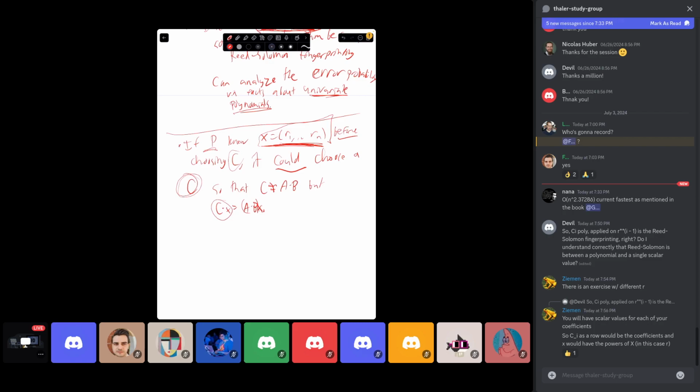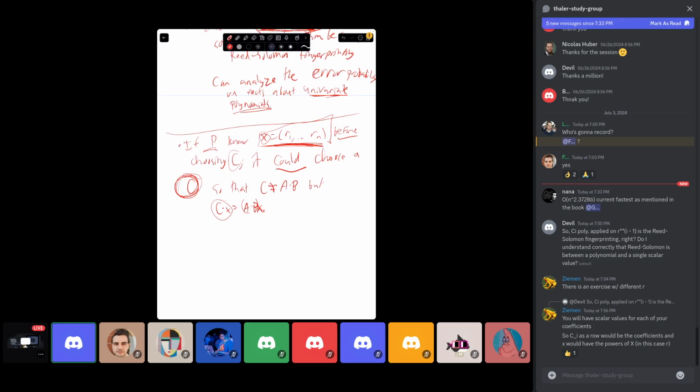And then Fiat-Shamir is this magical technique where you actually make X a deterministic function of C, but because that deterministic function is defined through cryptography, it prevents this attack anyway.